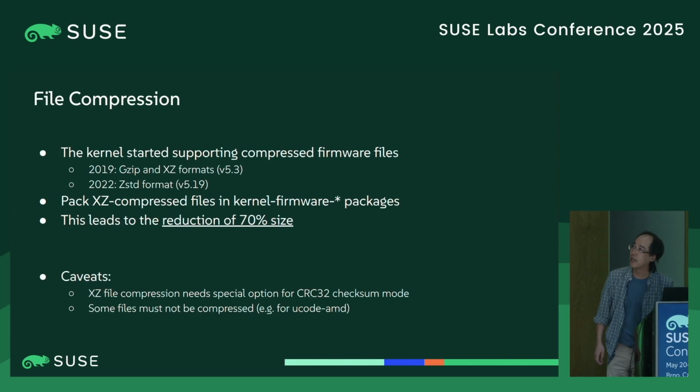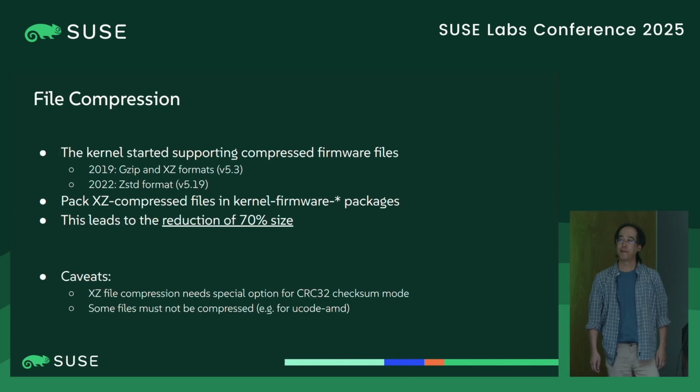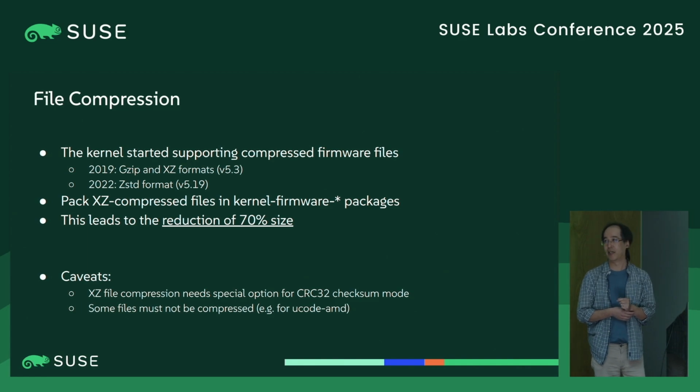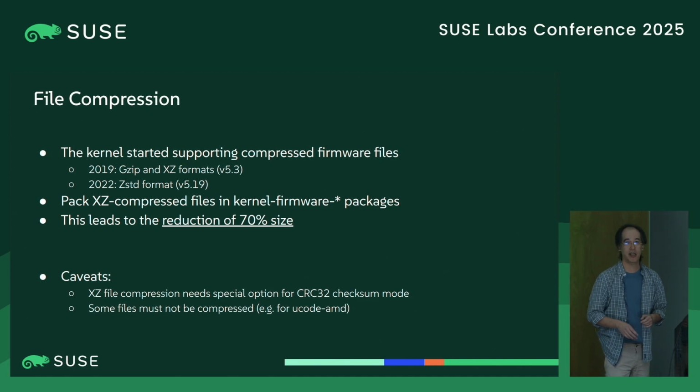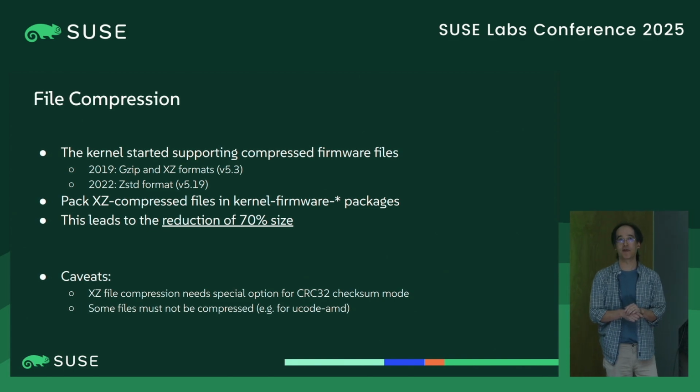The first one, file compression, is pretty straightforward. At first, I wrote a kernel patch to add support for compressed file loading for the firmware on the Linux kernel. That was accepted by upstream quickly, so the material was ready. Then we just packed the compressed files into the kernel firmware package.